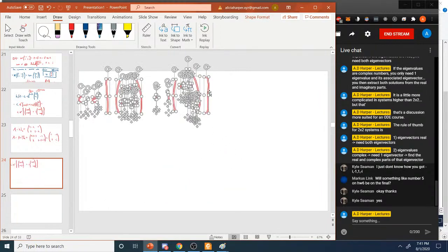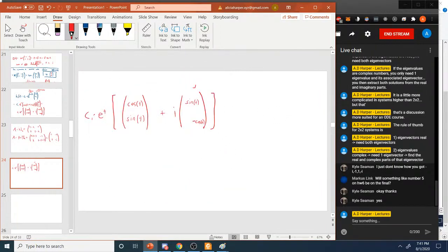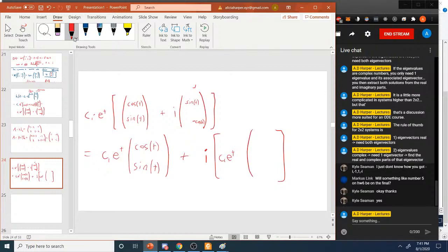This is really equal to the same thing as C1 e^t times cosine of t, sine of t, plus the imaginary number i, and I'm going to put everything after it in brackets, C1 e^t times sine of t up here and negative cosine of t down here.